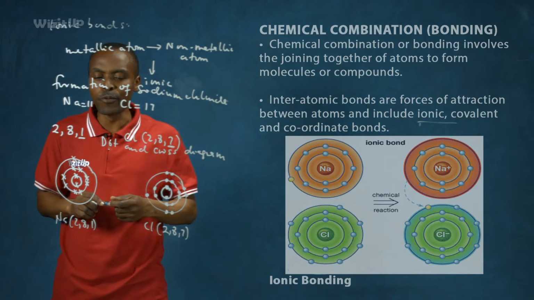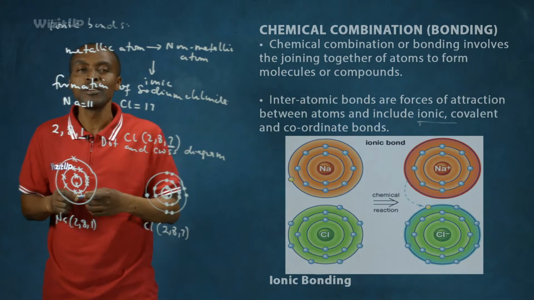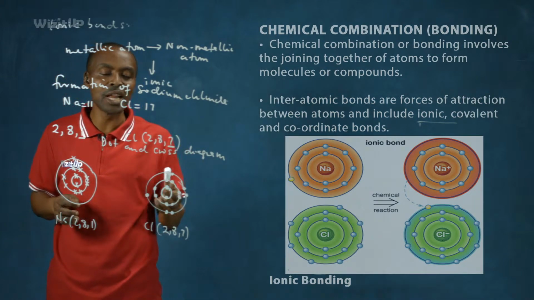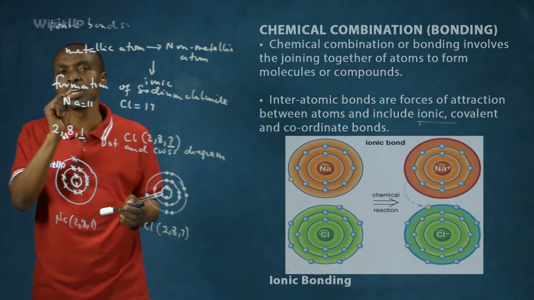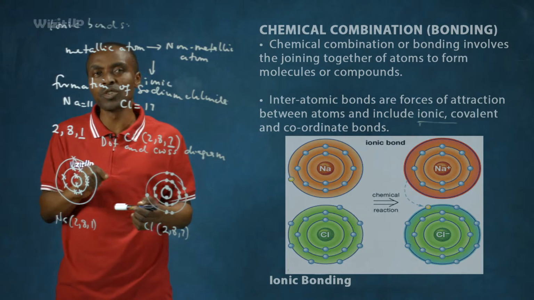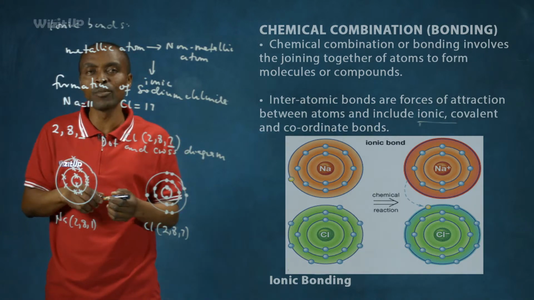It is not possible for sodium to gain electrons from the chlorine atom, since chlorine has 7 valence electrons, while sodium has only a single valence electron in the outermost shell.